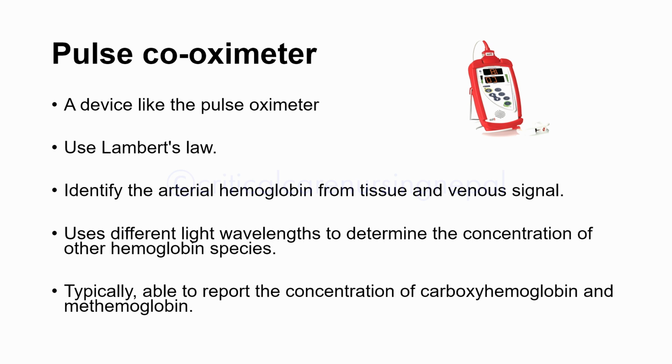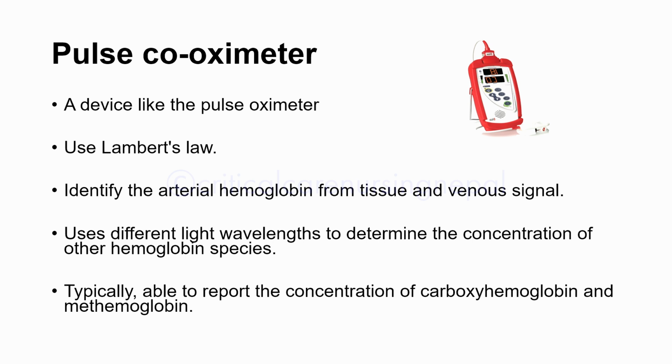It uses different light wavelengths to determine the concentrations of other hemoglobin species, while pulse oximetry can only give information on the oxygenated and deoxygenated species of hemoglobin. So typically it is able to report the concentrations of carboxyhemoglobin and methemoglobin.